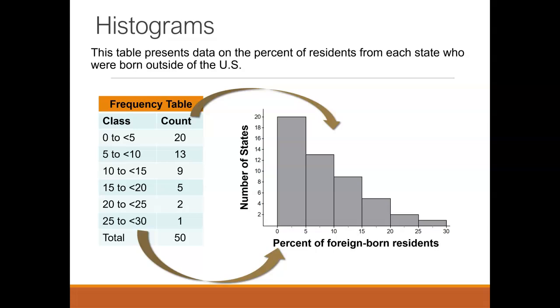A little bit different than a bar chart. Oftentimes a bar chart wouldn't have a range of values down here. It would just have a label, like red, blue, green, or whatever, and then the bar. Here, because we have grouped data, we use a histogram.